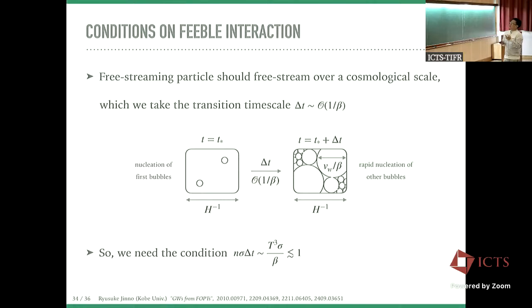For particles to free stream, we have to switch off their interaction. So we need this condition: the number density of the free streaming particle times the cross-section of the free streaming particles with whatever other particles, times the typical transition time scale, should be less than 1.